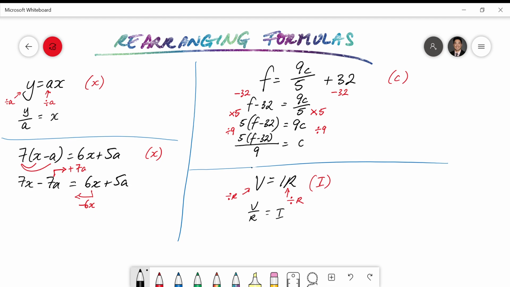I'm left with 7x minus 6x, which is just x, and then 7a plus 5a is 12a. The beauty about this particular question is that we're left with just one x on the side, which is what we want to work out. We've worked out that x is equal to 12a once we've unpacked, simplified, and rearranged.